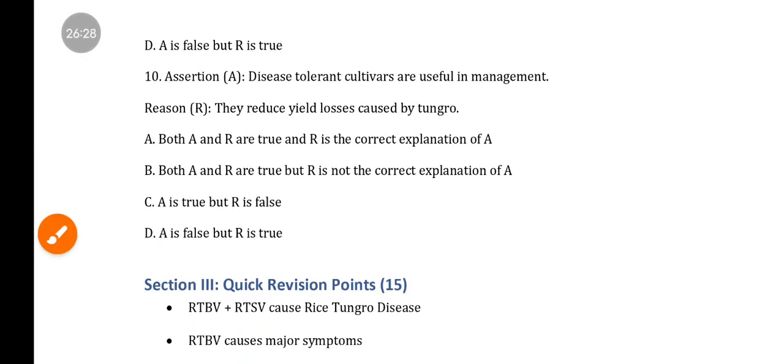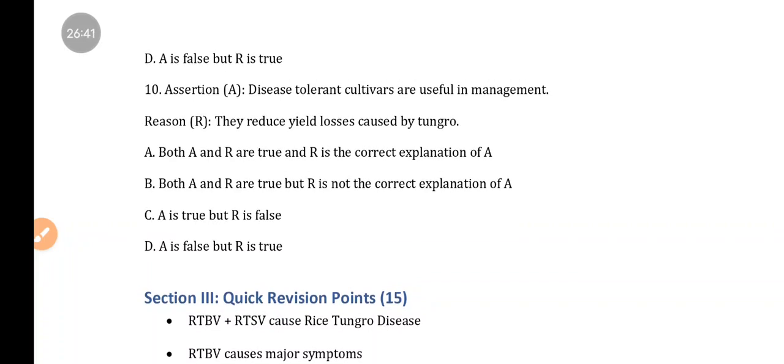Next, question number 10. Assertion: disease-tolerant cultivars are useful in management. True for Rice Tungro virus. The reason is they reduce yield loss caused by Tungro. Both are correct.